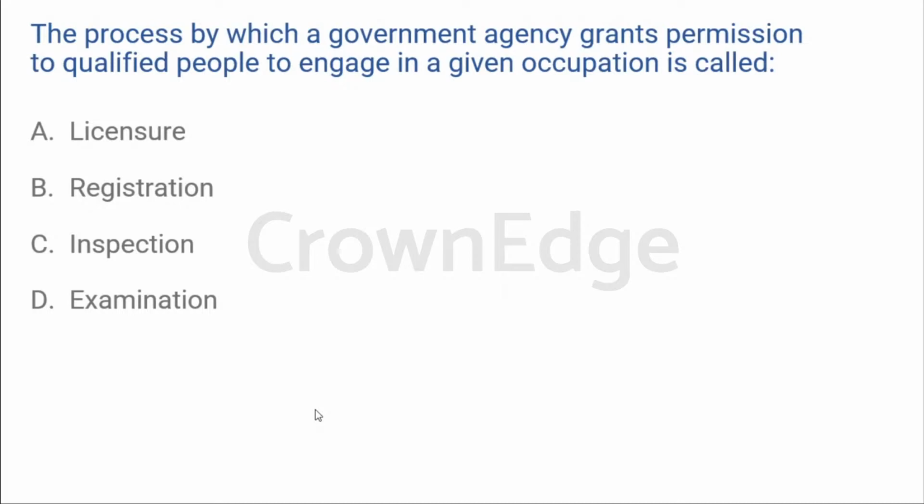Okay, so the government agency here is granting permission to qualified people to engage in a given occupation. That is your licensure.